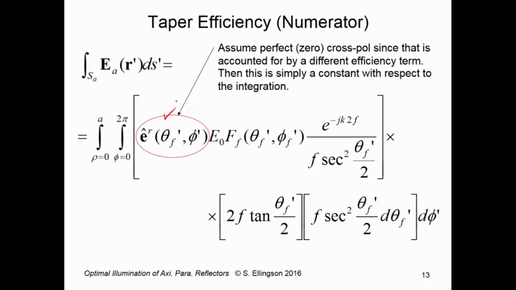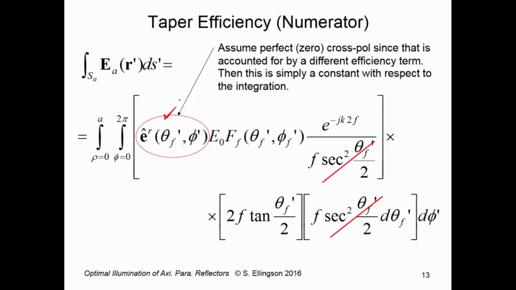But the reason we're going to ignore it here is because we can account for this effect in a different way. The way will be to define a cross-pole efficiency or a polarization efficiency factor. So we'll keep that effect separate, and we'll simply assume here that the cross-pol is negligible, so we can ignore the unit vector.